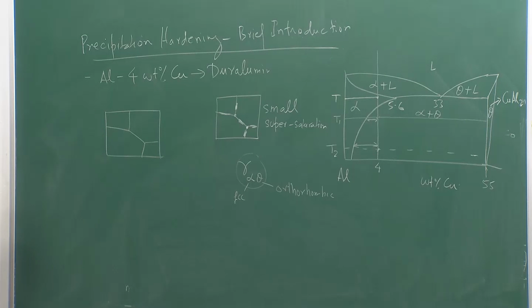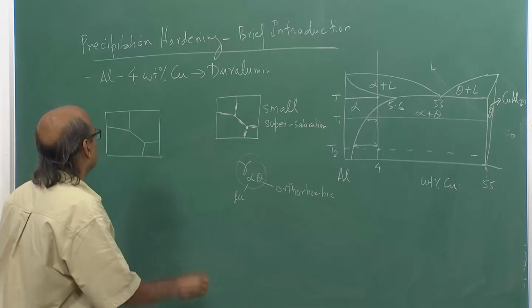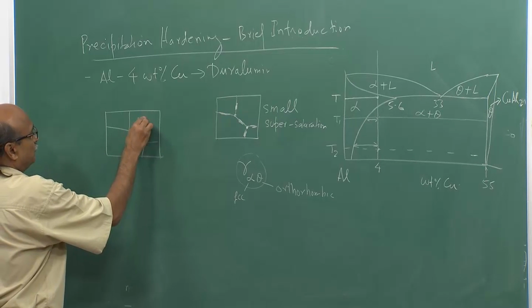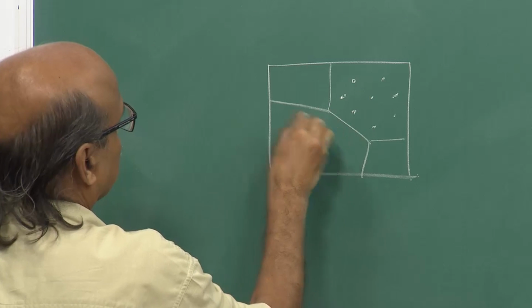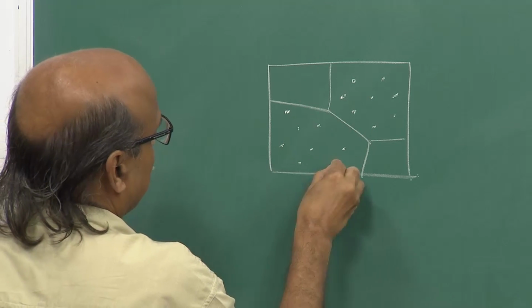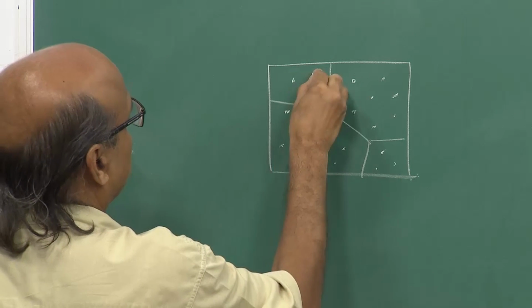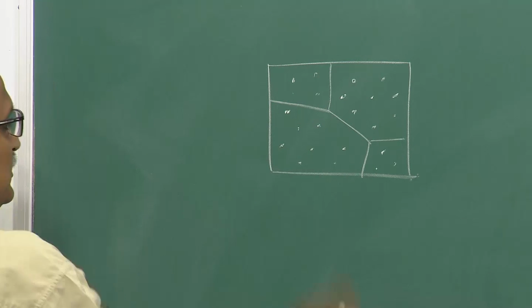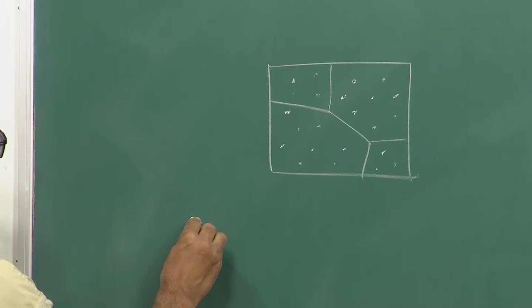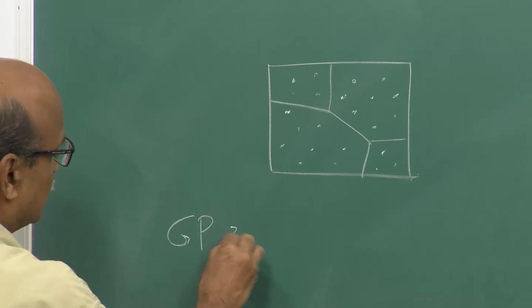So, what happens in this material? First, copper rich clusters form, and the sequence of precipitation of theta is as follows. These copper rich clusters are what are called GP zones.